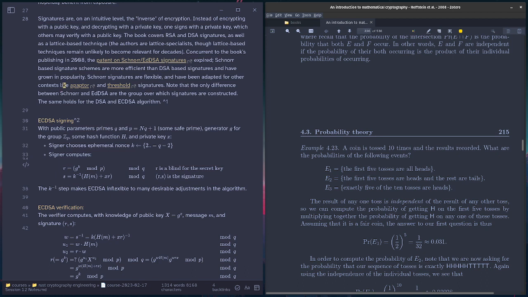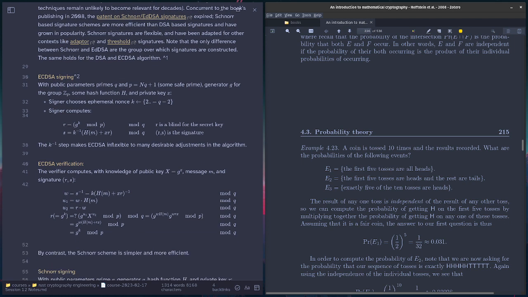In the meanwhile, the Schnorr signature scheme is both simpler and more efficient than ECDSA signatures, and it's grown in popularity. I think the recent Bitcoin Taproot network upgrade was specifically to add support for Schnorr signatures so that they could use some interesting adjustments to the Schnorr signature scheme to implement adapter signatures. Schnorr signatures also lend themselves to easier threshold signature schemes, which we'll talk about a little bit in week 14 or 15.